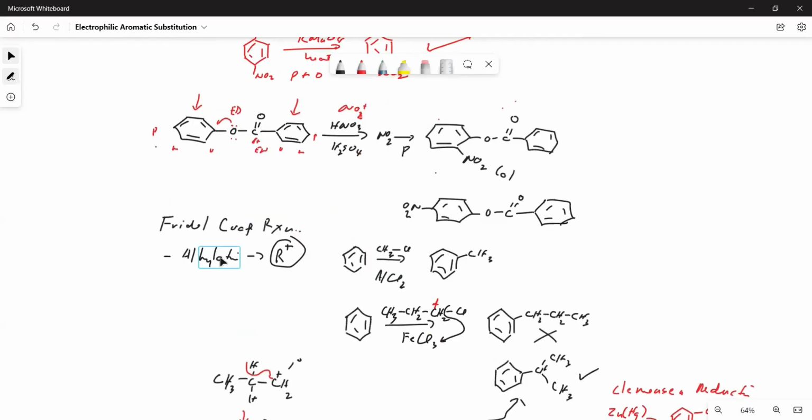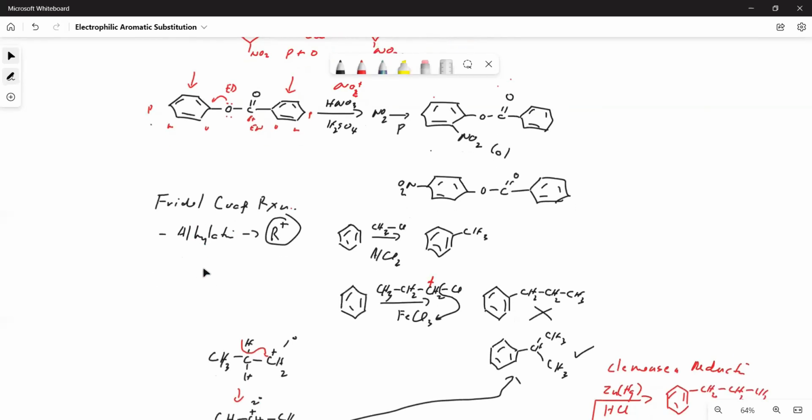Now, let's look a little closer at these reactions, the Friedel-Crafts reactions. And there are two Friedel-Crafts reactions, alkylation and acylation reactions. Okay? So, if you recall, in alkylation reaction, the electrophile that is attached is carbonium ion.